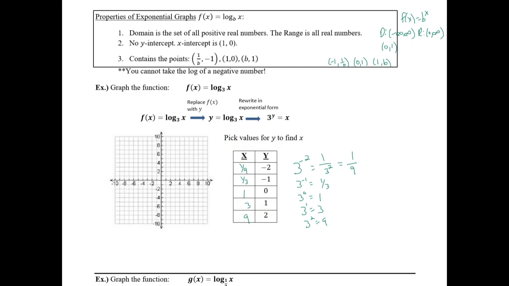1/9, negative 2, so it's close to the y-axis, but not touching it. Then 1/3, negative 1. Again, close, but not touching it. (1, 0). (3, 1). And (9, 2).